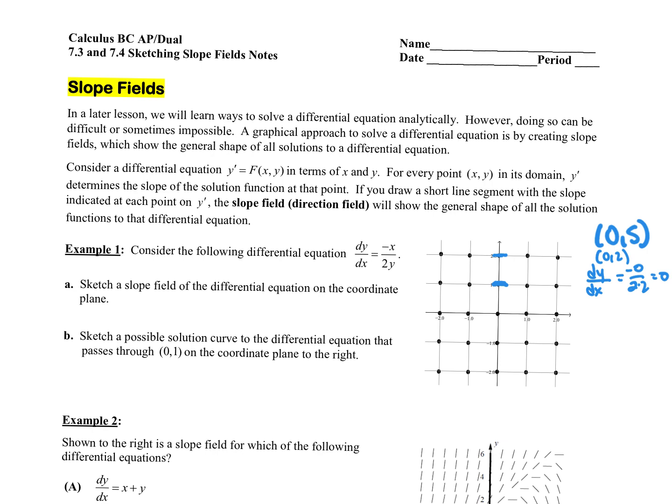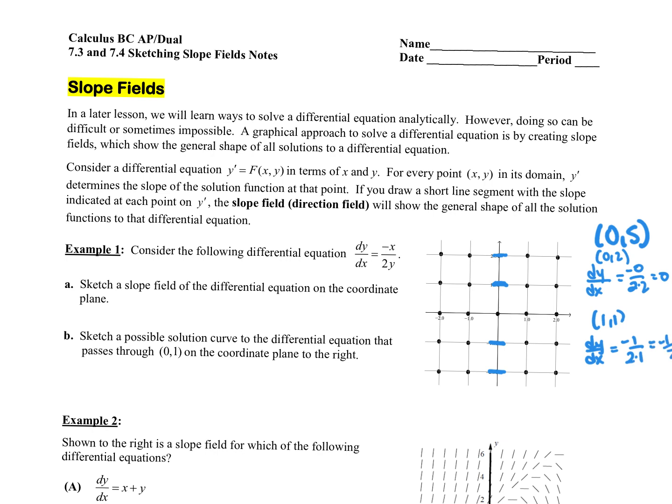How about, you said 0, negative 1 and 0, negative 2. What will be the slope of the tangent line at 1, 1? Negative 1/2. If you plug that point into the derivative, you'll get negative 1 over 2 times 1, which is negative 1/2.